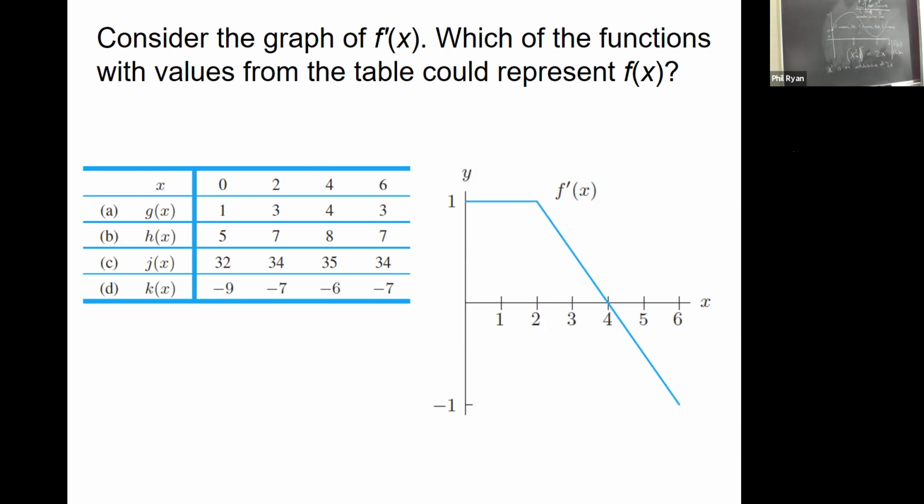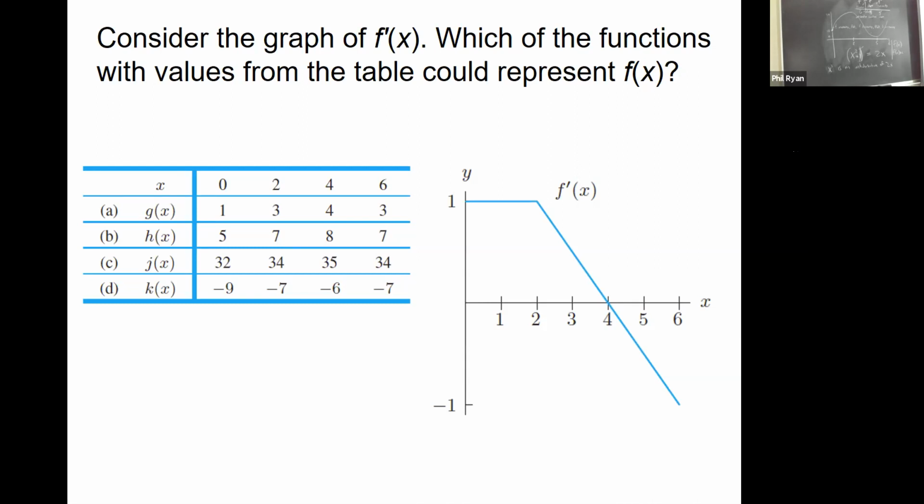Okay, so the derivative gives us the rate of change, right? So it's telling us how much is it increasing over this interval? Well, how much? So between 0 and 2, it's going to go up by 2.